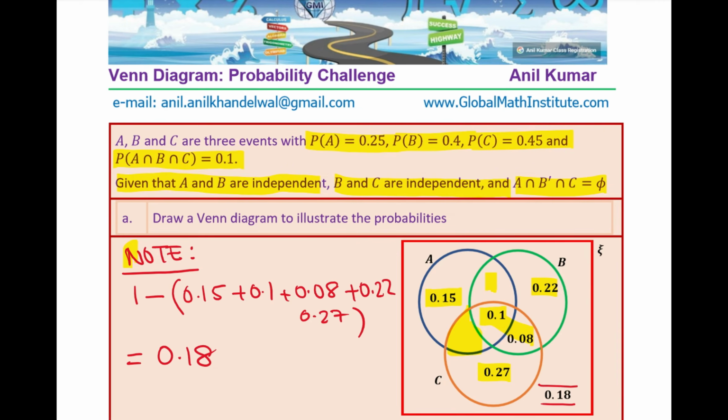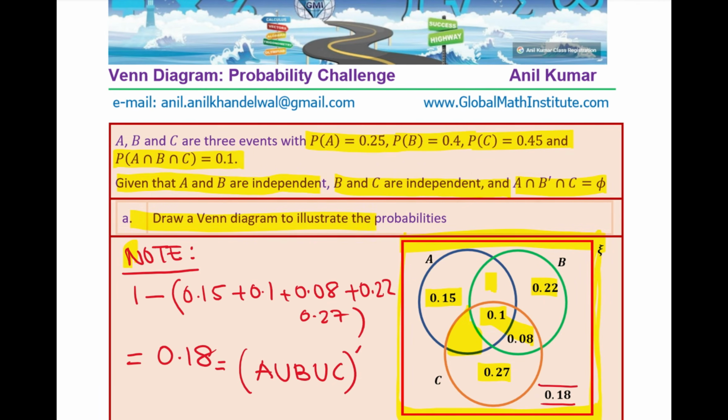So it is the complement of A union B union C. That is outside these circles, and this is equal to 0.18. You get the idea, right? So now we have the complete solution, as you can see. That will really give you full marks for question number A.